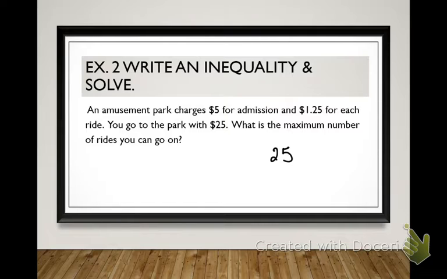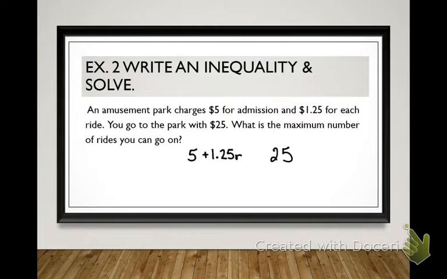Do you think $5 for admission, do you think the number of rides affects the $5 that it takes to get in? No. It's $5 to get in regardless, okay? What is affected by the number of rides? The cost per ride, right? So that's how I know that R goes with 1.25.